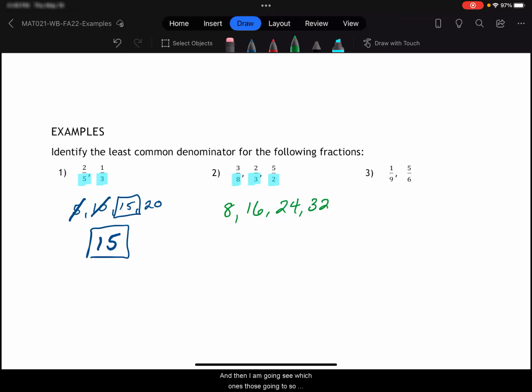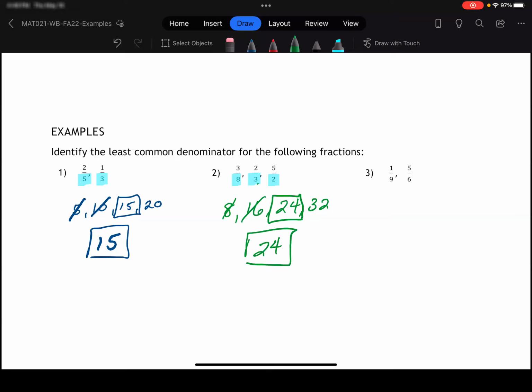Okay. And then I'm going to see which ones those go into. So 3 doesn't go into 8. It gets thrown away. 3 doesn't go into 16. 3 does go into 24, so 3 works there. Does 2 go into 24? 2 does go into 24. So we get to use 24 as our LCD there, our least common multiple.